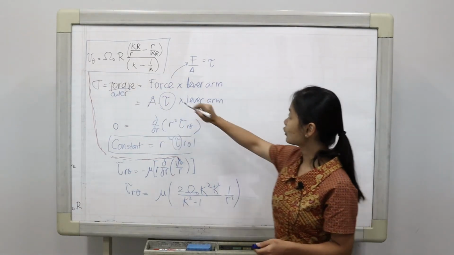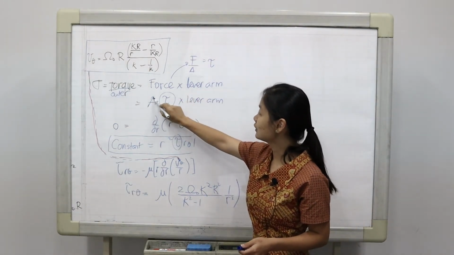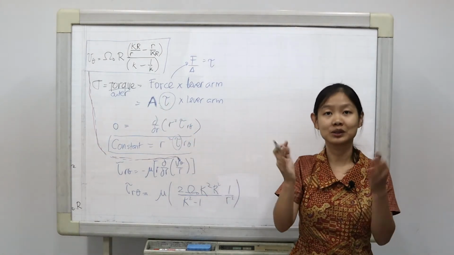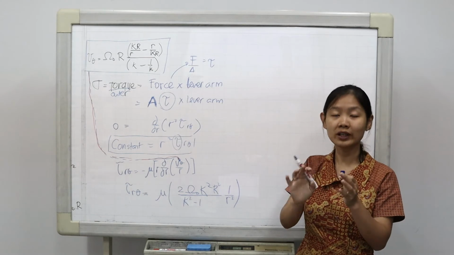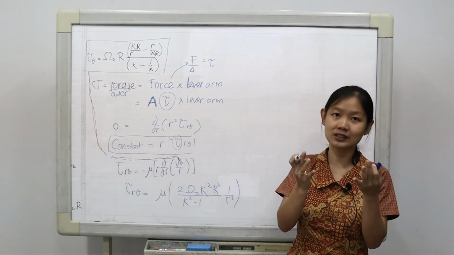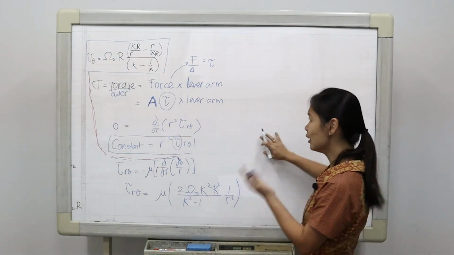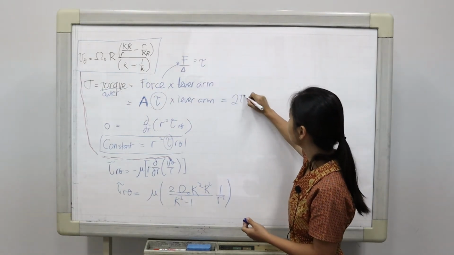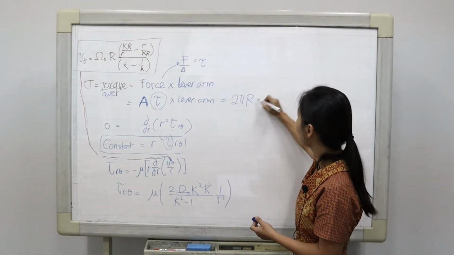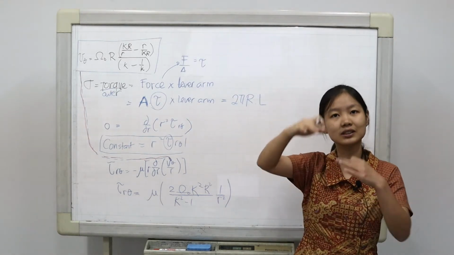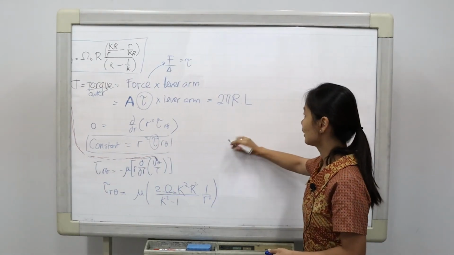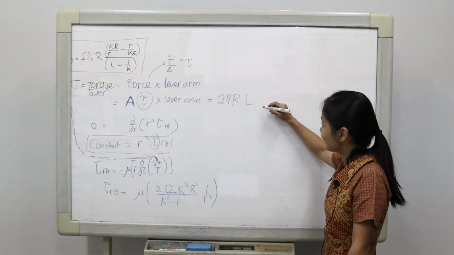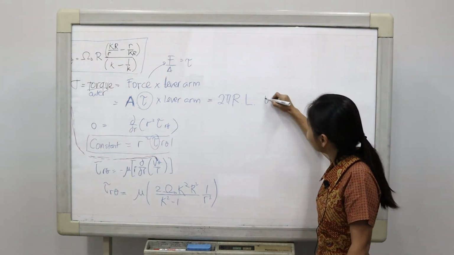When we calculate the force, the surface area must be the surface where the shear force acts on the outer cylinder. So the surface is 2πr times L, where L is the length of the cylinder, times the stress.